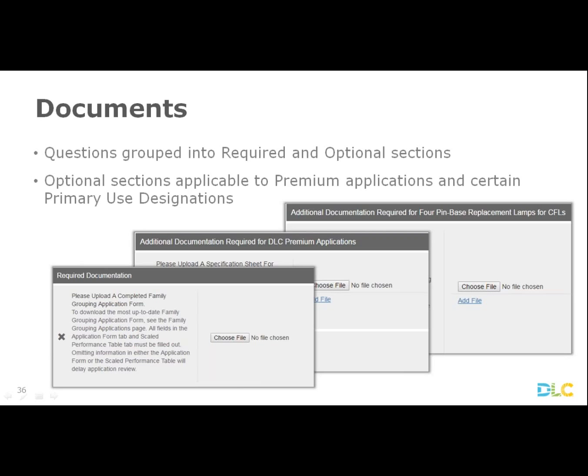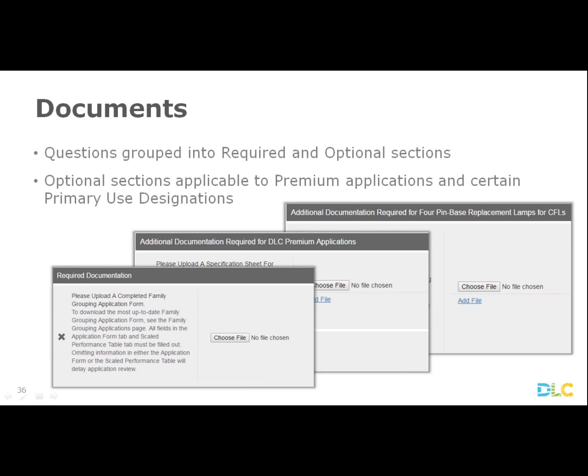The reason we have optional sections is not every application submitted asks for certain files. For example, if you have one or more premium products in your application, you will need to submit a driver spec sheet for those products, but wouldn't need to do so if all of the products in your application were standard, which is why that question would be optional.